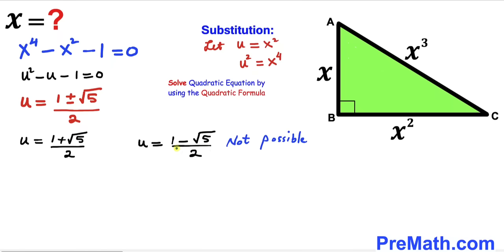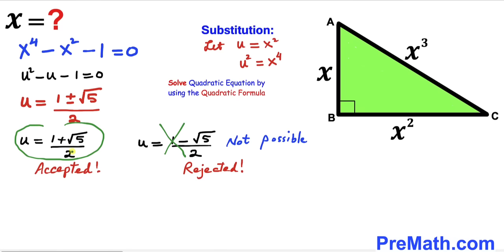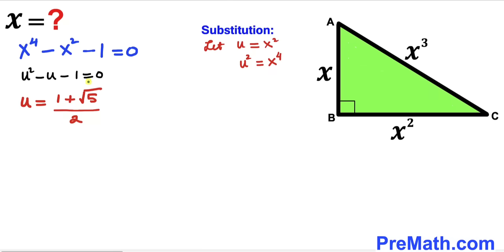We can see that this value of u is not feasible since it is less than 0. Therefore we are going to reject this u value, and we are going to accept u equals 1 plus square root of 5 divided by 2. We also know that u equals x squared, so I'm going to replace this u with x squared.